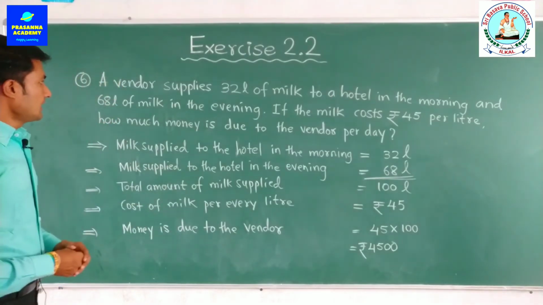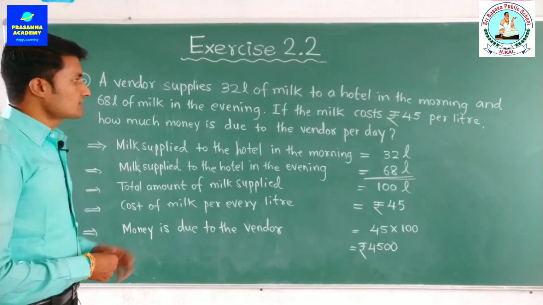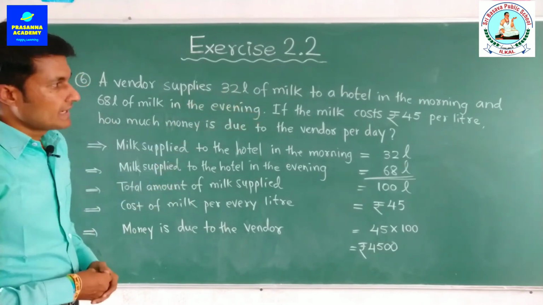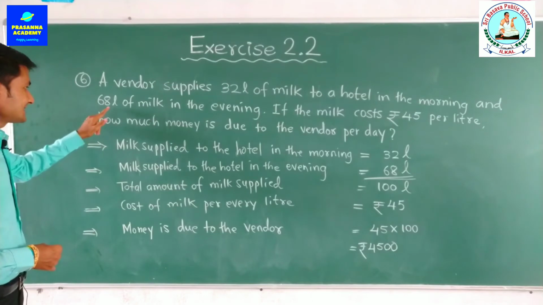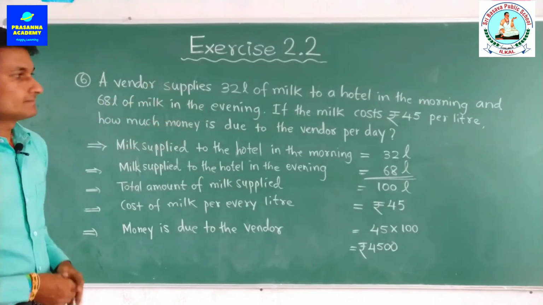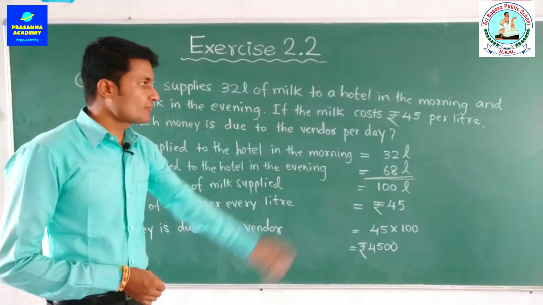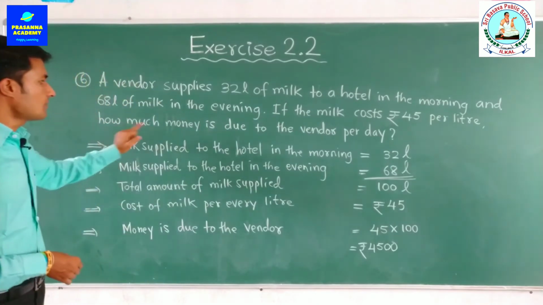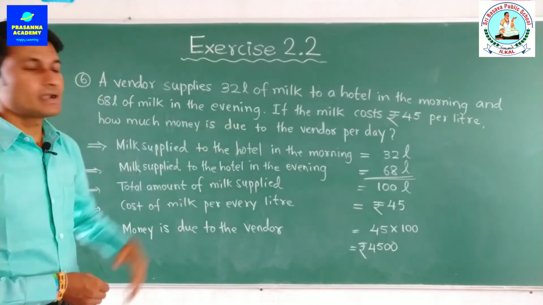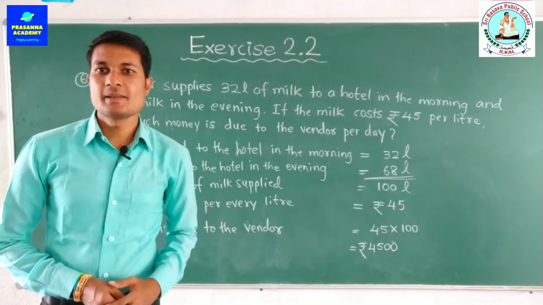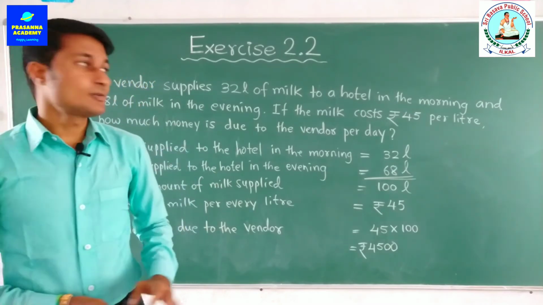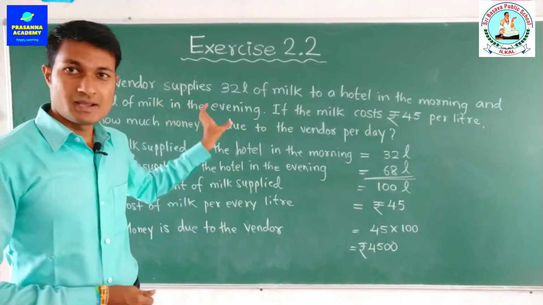A vendor supplies 32 liters of milk to a hotel in the morning and 68 liters of milk in the evening. Then if the milk costs rupees 45 per liter, then how much money is due to the vendor per day? So let's understand the meaning of the question like this. There is a vendor, a milk supplier.